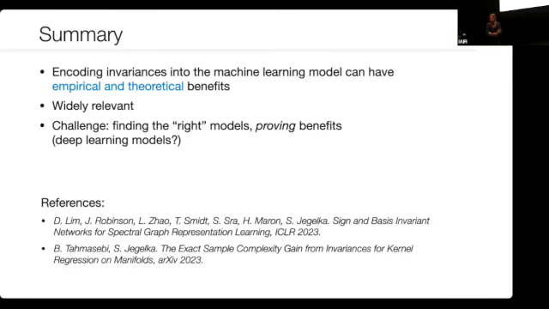Thanks, Jim. I have a question about graph Laplacian eigenvectors in general, especially for smaller graphs. How smoothly do those subspaces change as I make small modifications to the graph? Do you have any intuition on that? And if it is smooth or not smooth, in which circumstances would you want that or not want that? Yeah, that's a good question, and that's one thing we are currently thinking about.